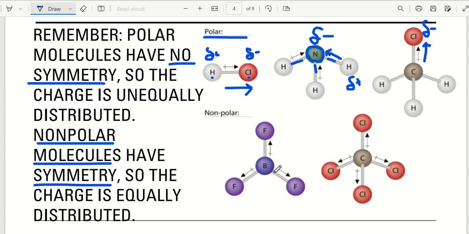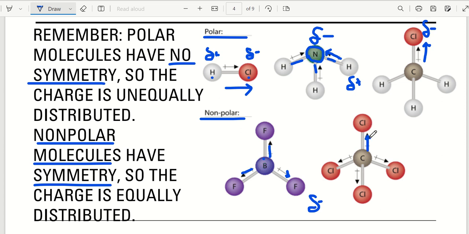Here, these are polar bonds. So do you see they're being pulled this way? This is partially negative, but you see how one is pulling this way? Boom, one is this way, one is this way. So it's like a tug of war where the boron is being pulled in equal directions. So this ends up being a non-polar molecule with polar bonds. Same concept here, okay?